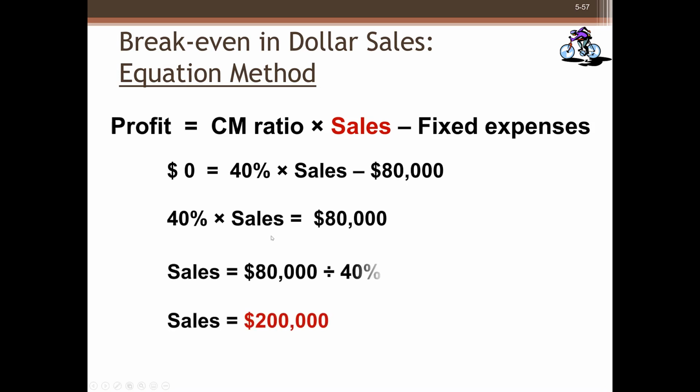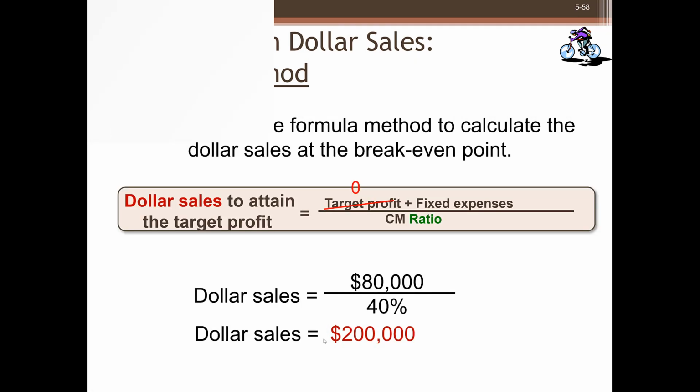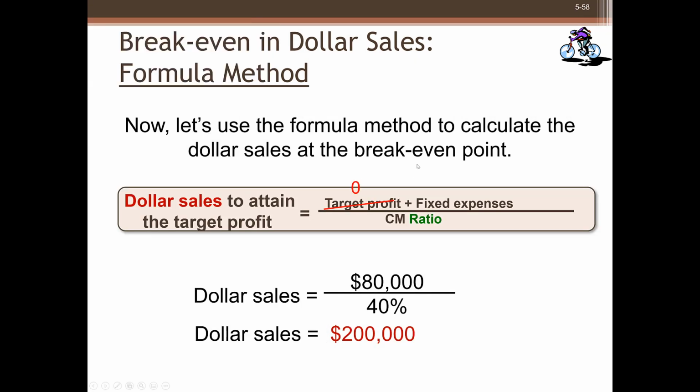So we can solve for sales from this algebra equation here, which should be $200,000. For the formula method, that's very straightforward. We use fixed expenses divided by contribution margin ratio, 80,000 divided by 40%. We can get dollar sales $200,000.